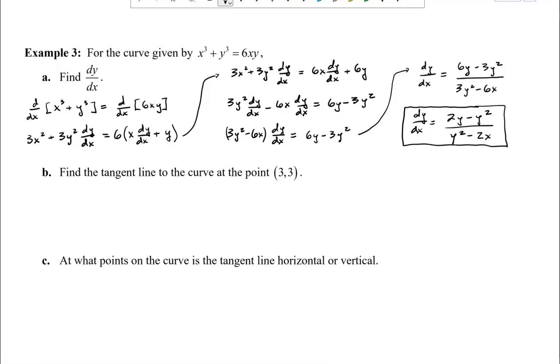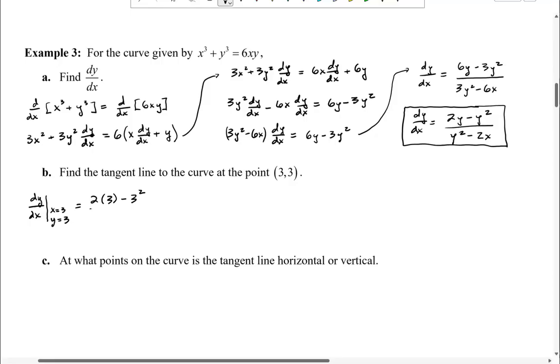Part B, find the tangent line to the curve at the point (3, 3). So first let's find the slope of the tangent line. That's a matter of taking the derivative and evaluating it when x equals 3 and y equals 3. So we have from the previous part 2 times the y value minus the y value squared in the numerator.